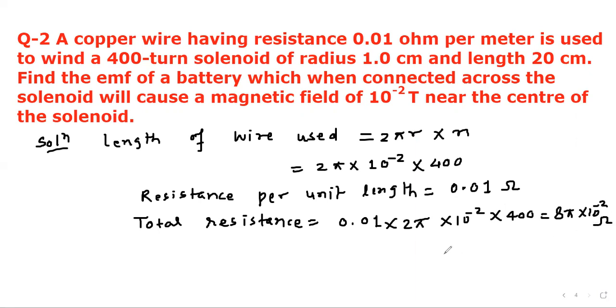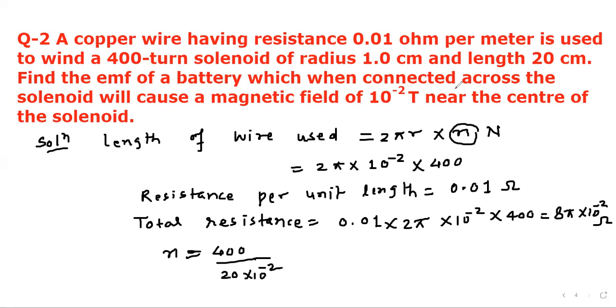Now, number of turns per unit length, we can find. Here 400 is the total turns, not small n, instead of capital N. Number of turns per unit length, so 400 turns divided by length, where length is equal to 20 into 10 to the power minus 2.